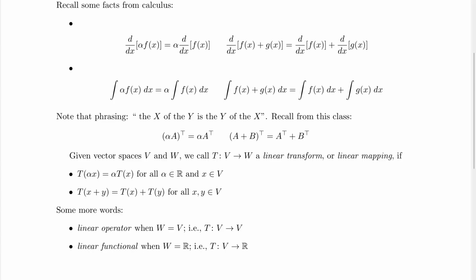And again, we'll talk a little more in a moment about examples of these. But when somebody says functional, this is what they mean. You're taking a vector space and you're mapping into the set of scalars. For us, we're focusing on the reals, but of course you can have other sets of scalars as well, such as the complex numbers or the rationals, or whatever your favorite field is. Take the rational numbers and add square root of 2. Go nuts.